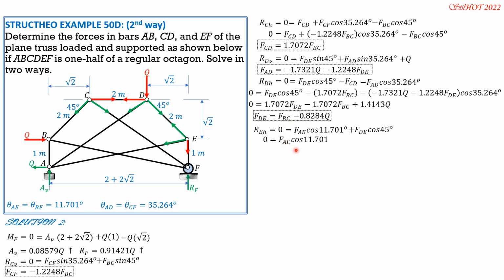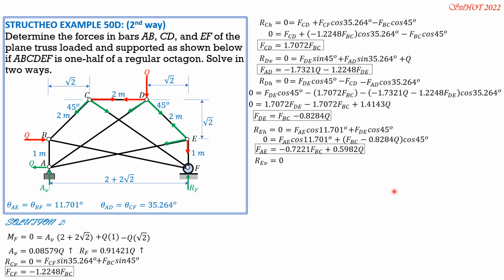So 0 equals FAE cosine 11.701 degrees plus quantity FBC minus 0.8284Q, quantity cosine of 45 degrees. So we can now express FAE in terms of FBC and Q. FAE is, use your calculator there, 0.7221 FBC plus 0.5982 of Q from this equation here.